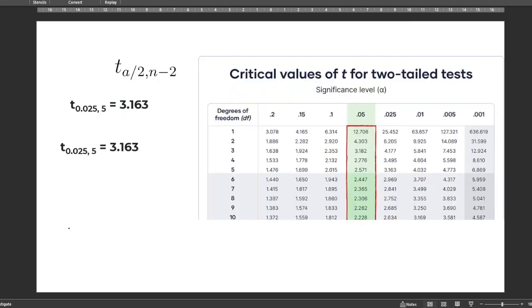If you see the t table, they have given the degrees of freedom versus the significance level alpha. For 0.025 we have to see the 0.025 column, and it's 3.163. That's the value for this.